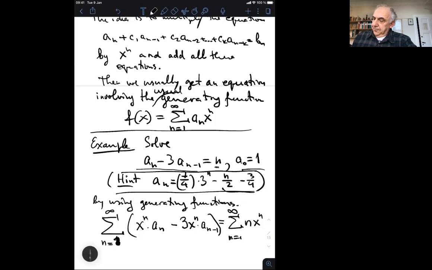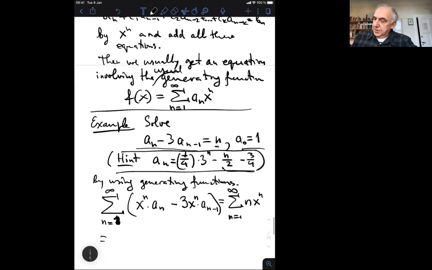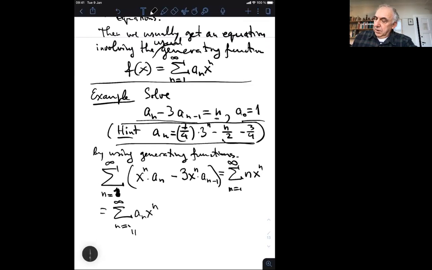If we split the left-hand side into two sums, the first sum would be the sum from n equals 1 to infinity of a_n x^n. This is by definition our usual generating function f(x). Now we want to do something similar to get f(x) with the other summation.